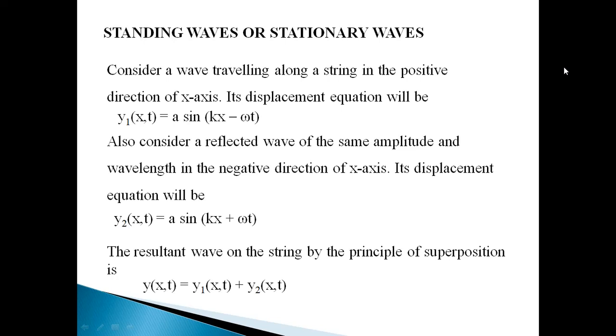The plus sign comes because there is a phase difference of 180 degrees between the first wave and the second wave. The resultant wave, according to the principle of superposition, will be y(x,t) equal to y1(x,t) plus y2(x,t).